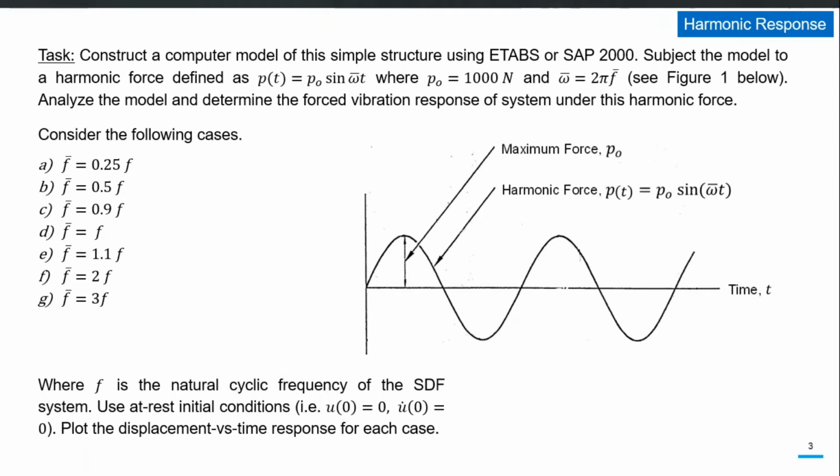So the applied loading had an amplitude of 1000 Newton, and the applied loading had a frequency which was given in the form of the natural frequency of the structure itself.